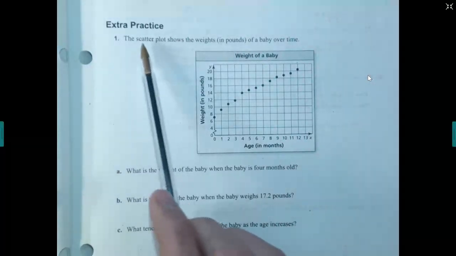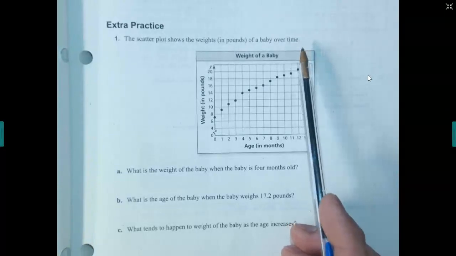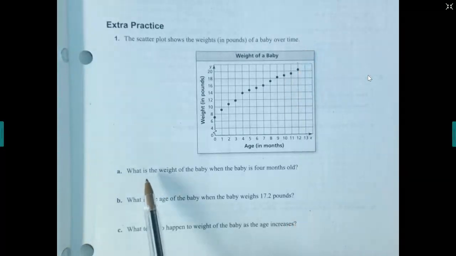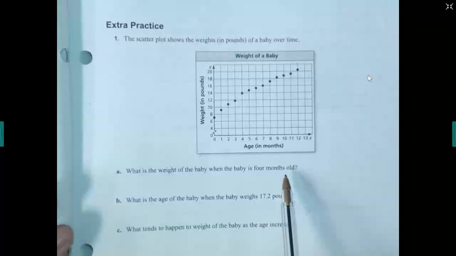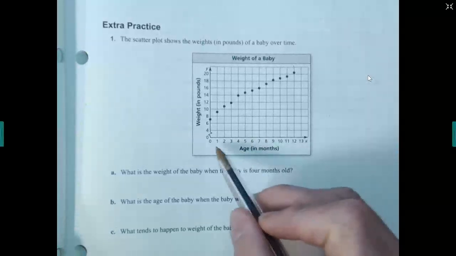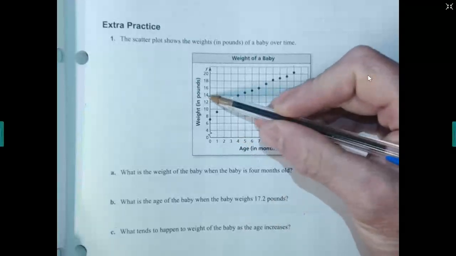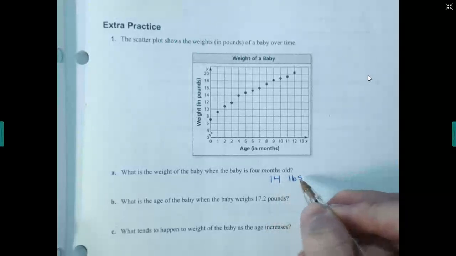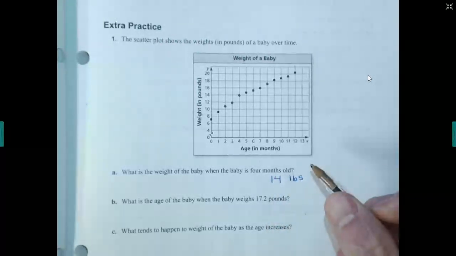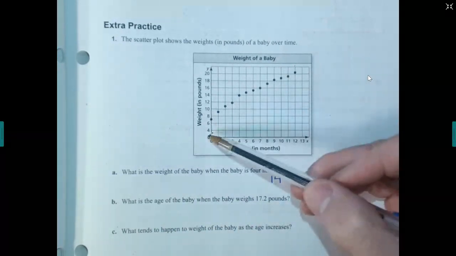Okay. The scatter plot shows the weight in pounds of a baby over time. What is the weight of the baby when the baby is 4 months old? Okay, so here's the age right here. At 4 months, he's 14 pounds. Okay. What is the age of the baby when the baby weighs 17.2 pounds?